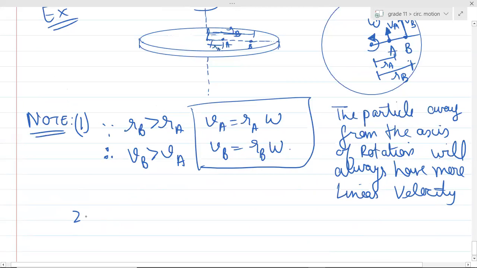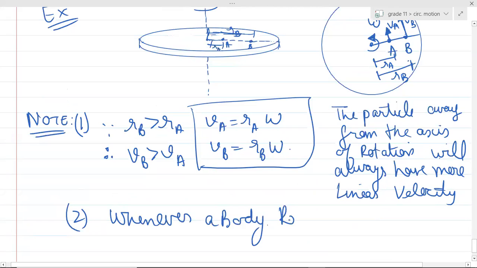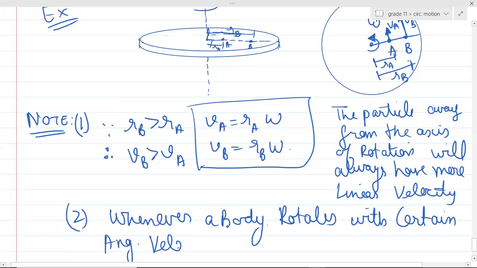First point clear? The second point is that whenever a body rotates, then all the particles rotate with a certain angular velocity.